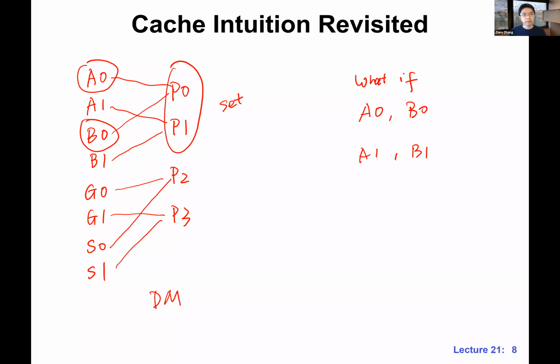In this set, A0 and B0 can go to either pocket 0 or pocket 1. That helps a lot. That means these two phones can coexist in two pockets at the same time, which helps a lot in terms of reducing the misses.